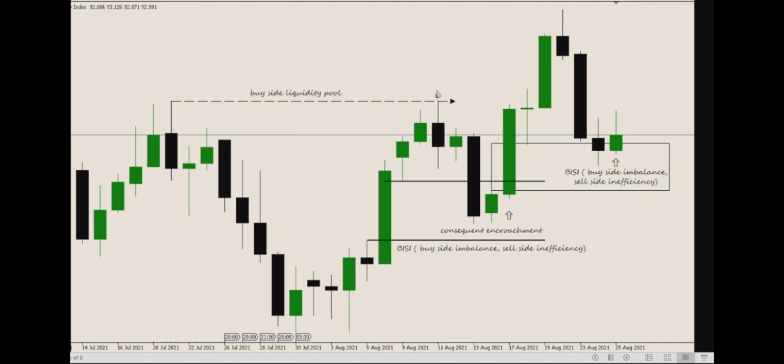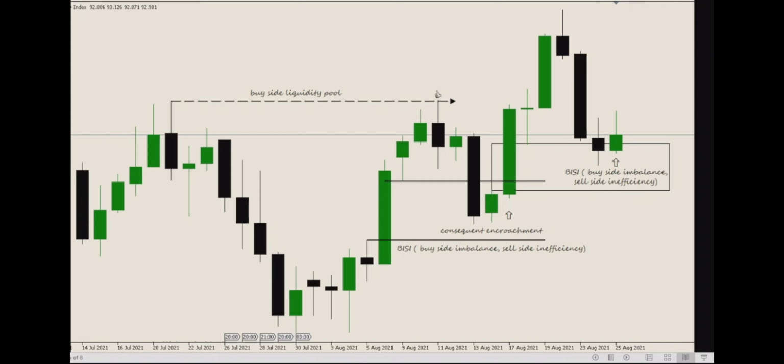How do you identify the buy side imbalance, sell side inefficiency? You look at the candle after, and then you look at the candle before. Then you pick the low of the candle after and the high of the candle before. That gap is your fair value gap, which precisely is your buy side imbalance, sell side inefficiency.